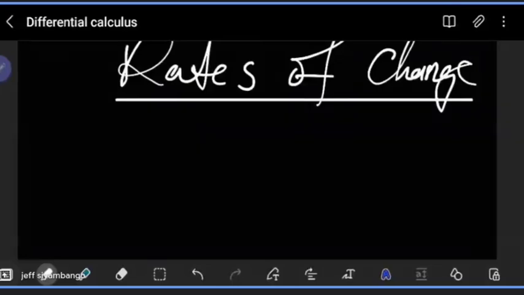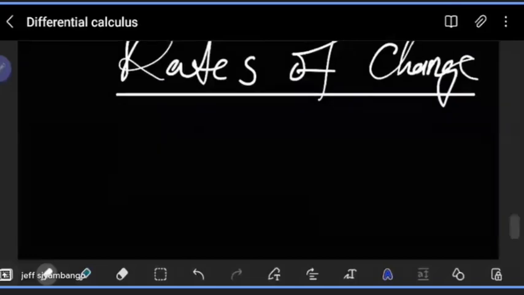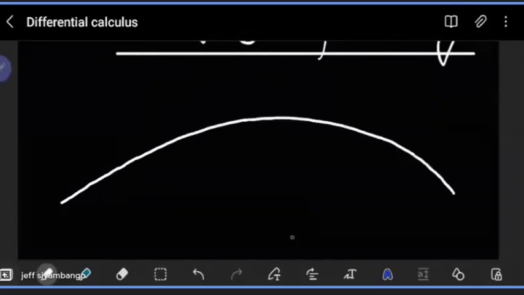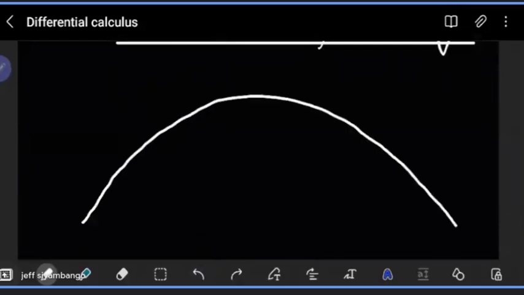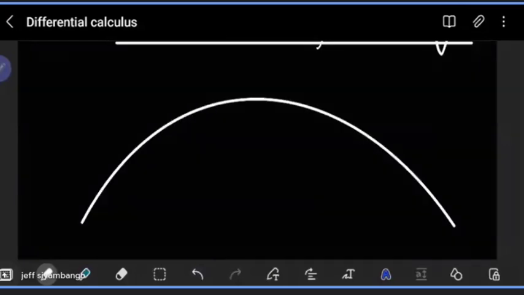That is a simple example of a rate of change. So I can say that, okay, you have a certain object whose path is described by, I can even say, a parabola, something like this. So this object is running around a parabola like that.